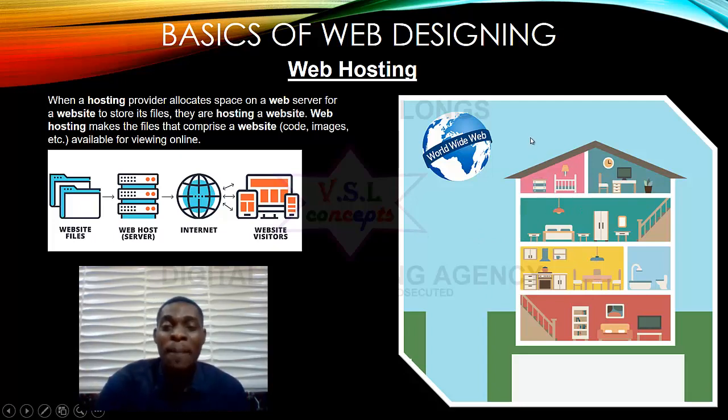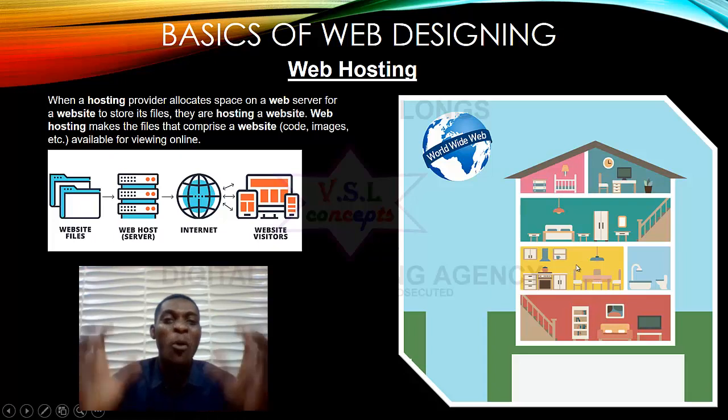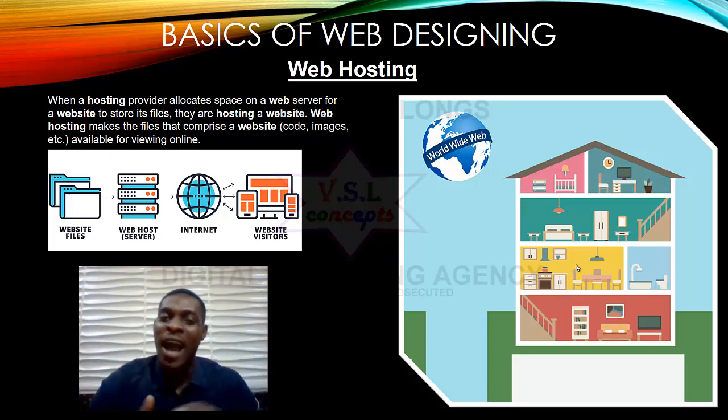So the domain name is the house address, and web hosting is the spot where all the files are hosted. Guys, if you understand this simple information, you have gone 70% of the way to understanding what web design is all about.